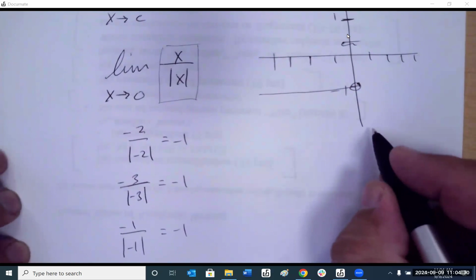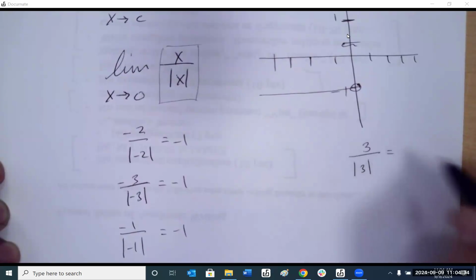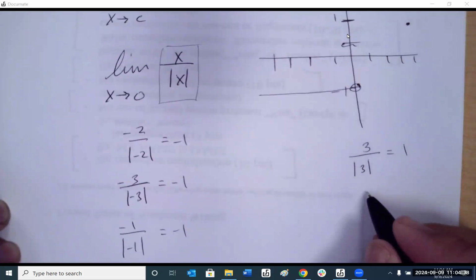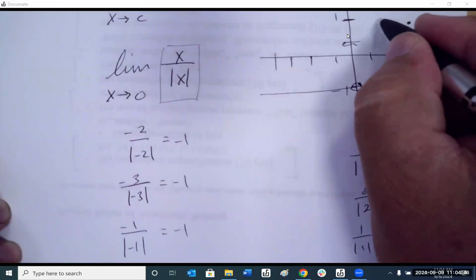How about from the right? 3 over absolute value of 3, and likewise with 2 and 1, but they're positive.